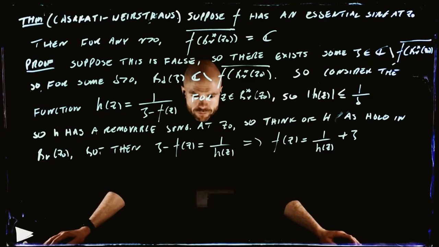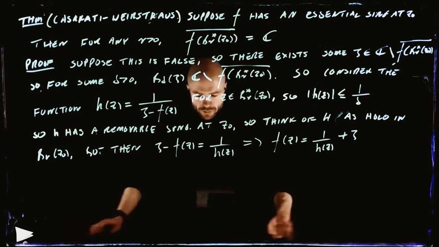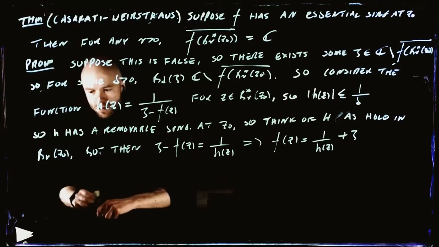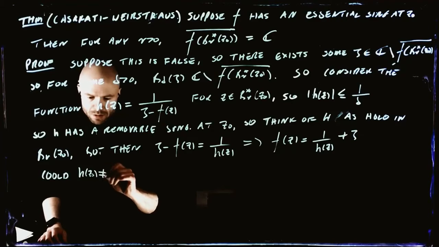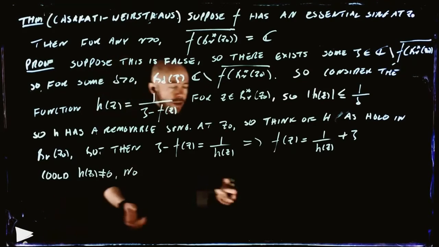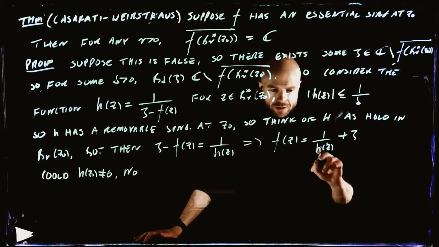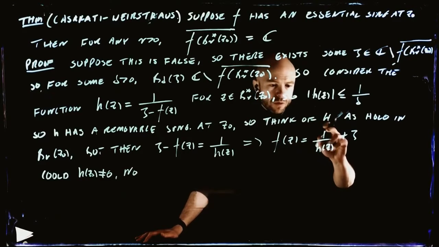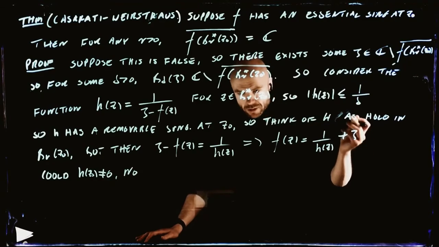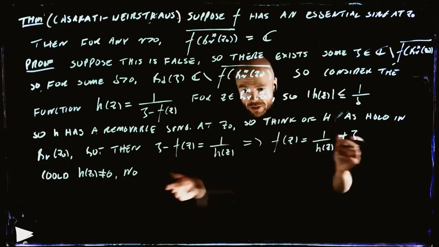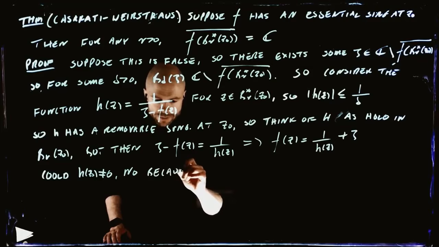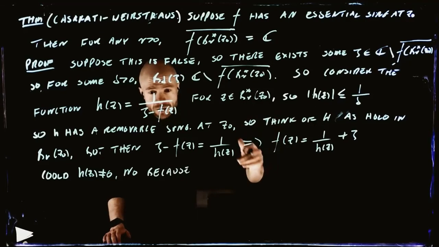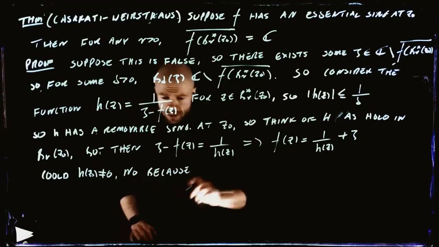Is that possible? Why not? Yeah, no, if this thing was just some non-zero number, then as z goes to z0, f of z just goes to 1 over h of z0 plus this zeta, which is just some number, so it tends to this limit, it's not blowing up, yeah? Okay, so could h of z0 therefore be 0?